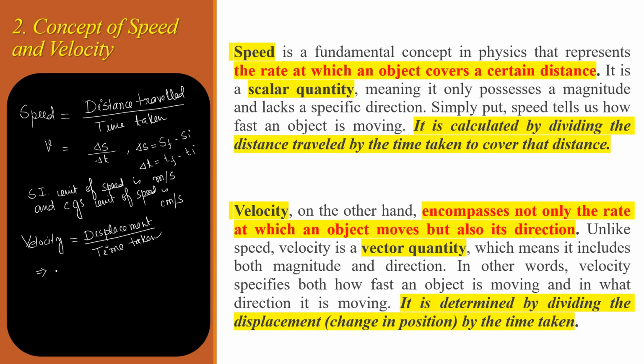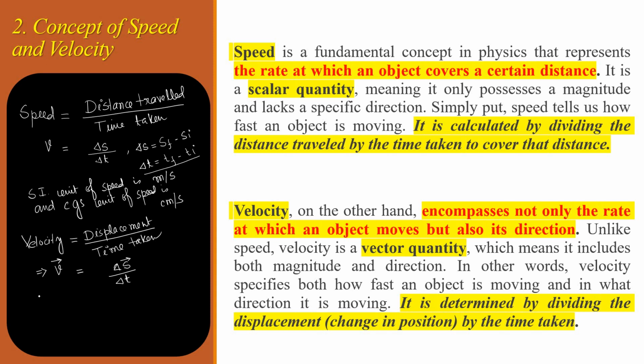Suppose velocity is represented by v, but since it is a vector quantity, we put an arrow over its head. Then displacement is delta S, and we put an arrow over it because displacement is also a vector quantity, divided by delta T. So delta S is the difference between its final position and initial position, and delta T is the time interval, that is final time minus initial time.